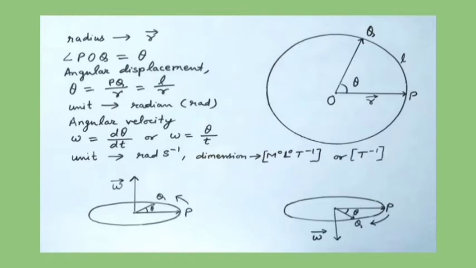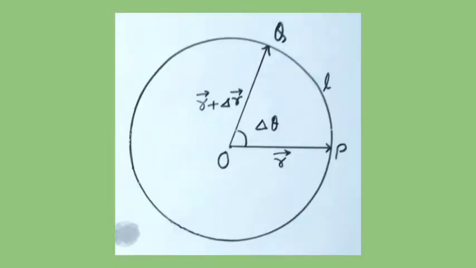In fact, nothing moves in the direction of omega. It simply indicates the direction of motion, which is in a plane perpendicular to the direction of angular velocity. An object moving on a circular path with a uniform speed, that is, covering equal distances on the circumference of the circle in equal intervals of time, is said to be in uniform circular motion.